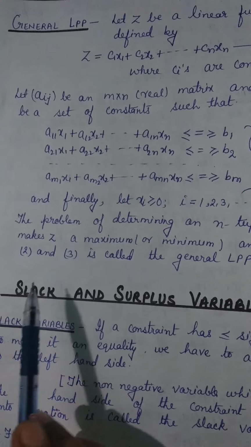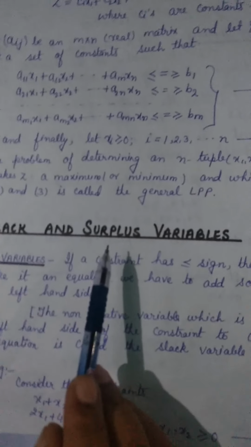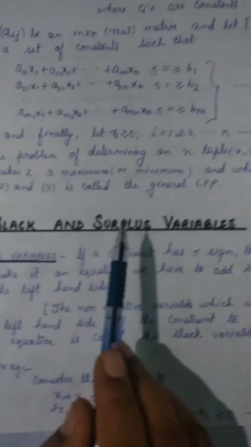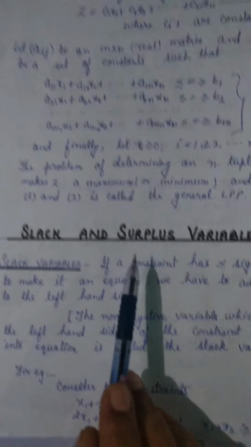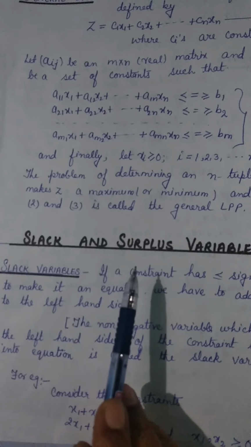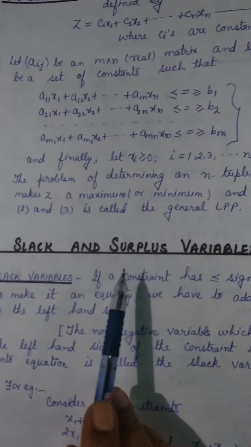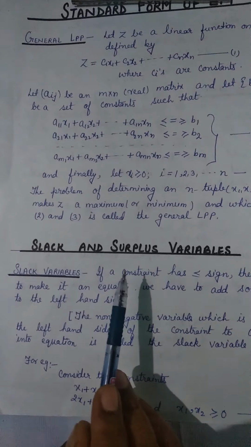So this is the definition of general linear programming problem. Now all the constraints may be in equations of less than or equal to or greater than or equal to type. It would be nice if we could have them in the form of equations.